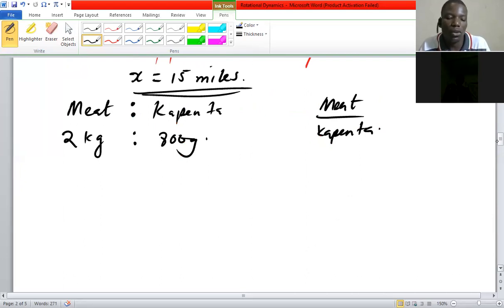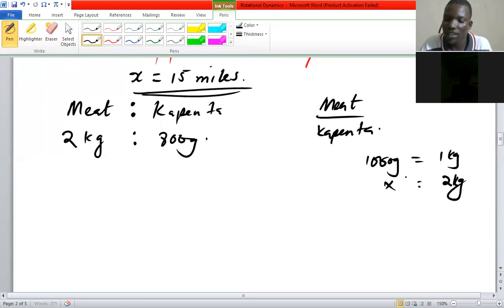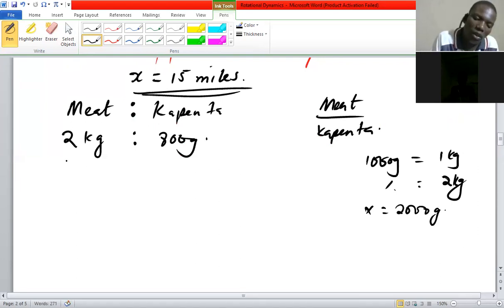So we have kg and grams there, so we have to convert one. We can convert kg. We know that 1000 grams is equal to 1 kg, so 2 kg is actually 2000 grams.